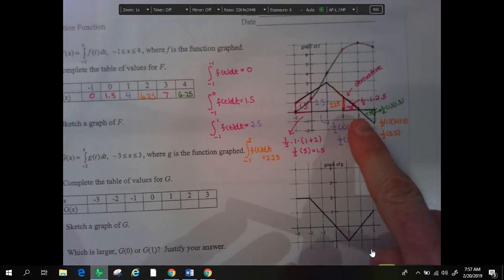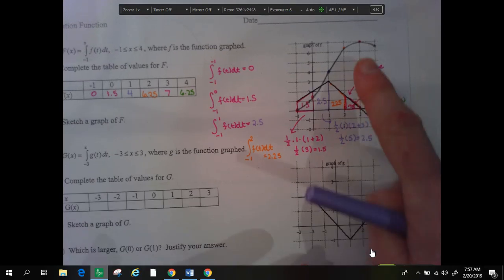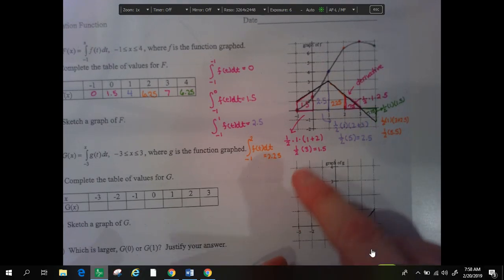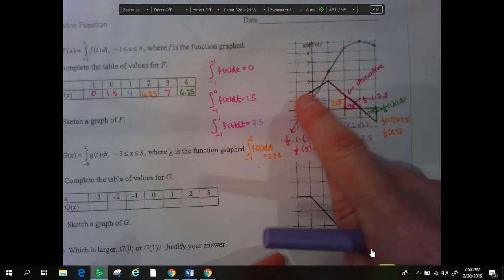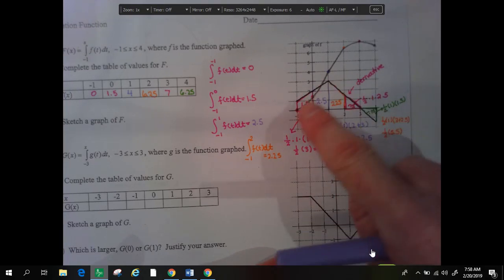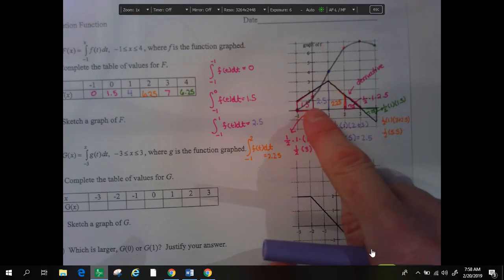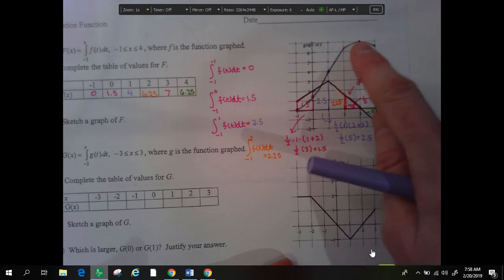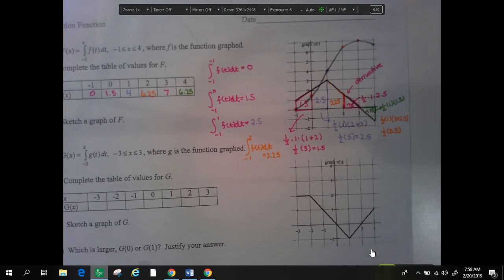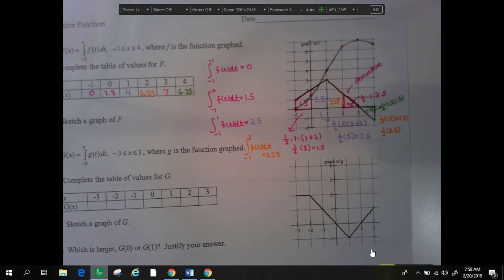We said that x is equal to 3 was supposed to be our relative max. It is. We go from concave up to concave down. Yes, absolutely. We are increasing all the way until we get to that max, and then we start to decrease. And that's how we use this accumulation function.